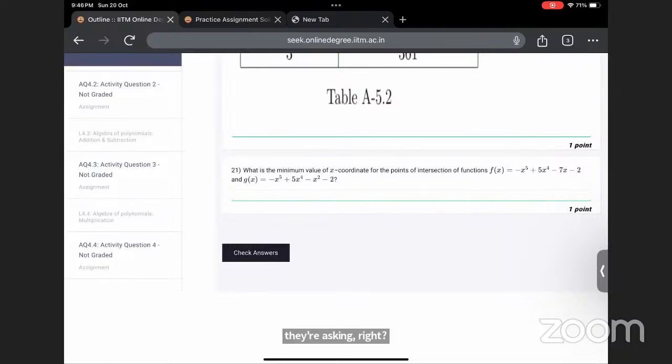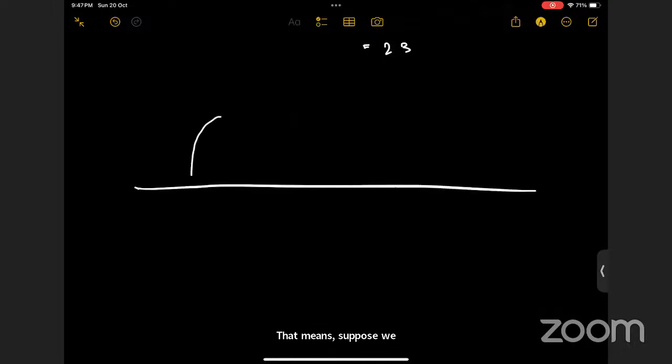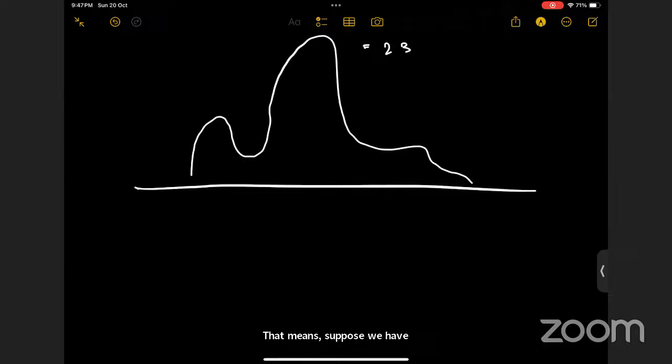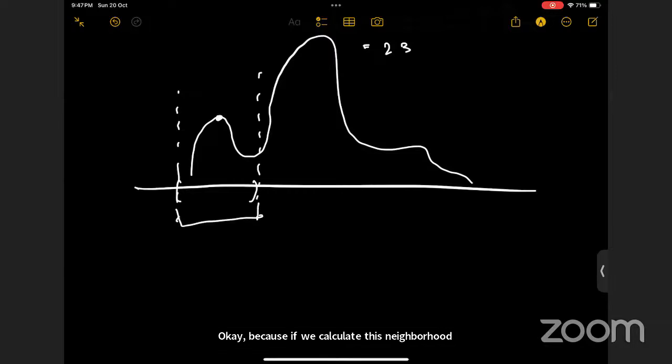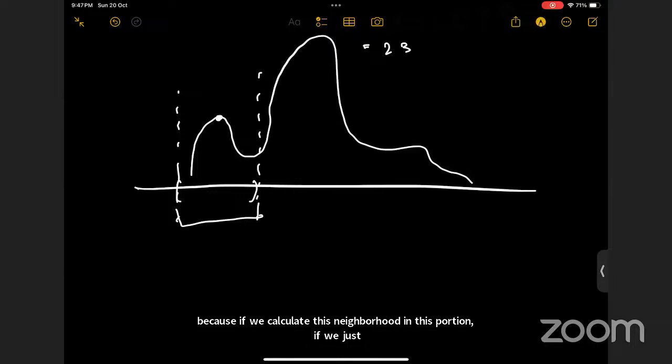Ma'am, can you explain the local maxima and local minima concept? Local maxima, local minima means it's a minima or maxima locally. Suppose we have this curve, okay? This is the local maxima in this neighborhood, because if we consider just this portion, then this is the maximum peak, right?